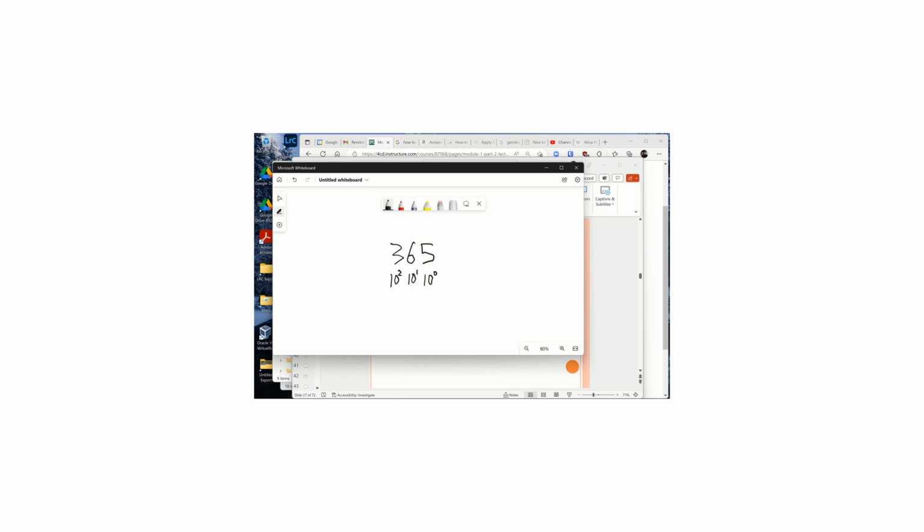Now the way to do the conversion is this. You use 3 multiplied by 10 to the power of 2, plus 6 multiplied by 10 to the power of 1, plus 5 multiplied by 10 to the power of 0.